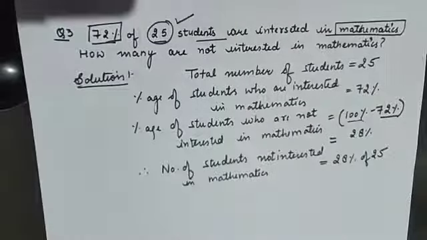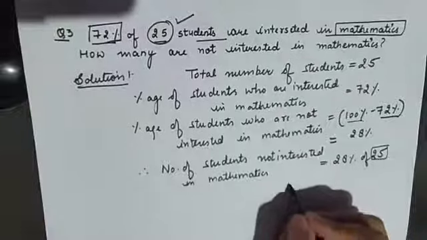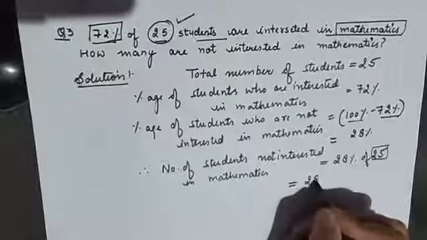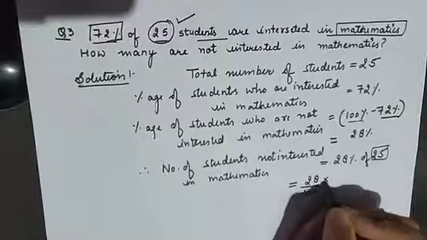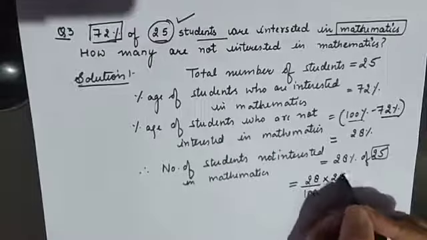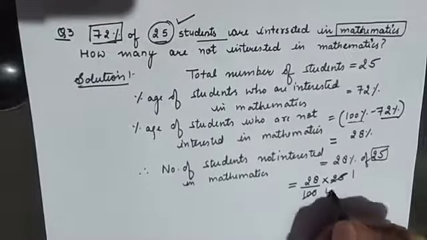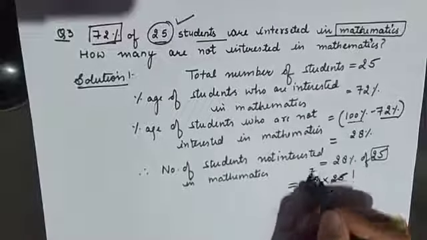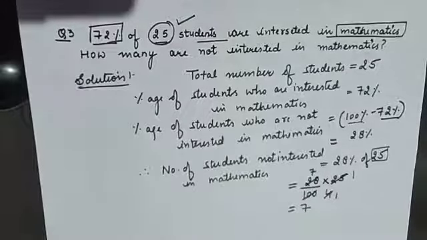Because as you know, the total number of students is 25 here. So if I have to change my percentage into a fraction, I will change the sign and divide by 100. So 25 ones 25, 25 fours 100, 4 ones 4, and 7 is here. So the number of students who are not interested in mathematics is 7 here.